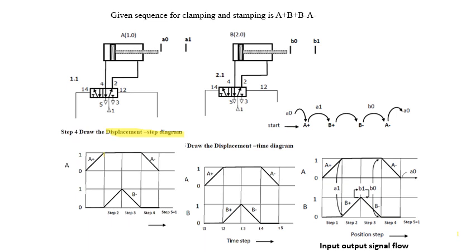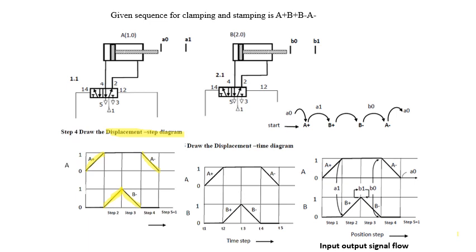In this one you can see the first graph. Initially, when the signal is A plus, cylinder A moves forward first. When it reaches the end position, cylinder B starts moving. After reaching the end position, cylinder B retracts first. After cylinder B retracts, cylinder A retracts.